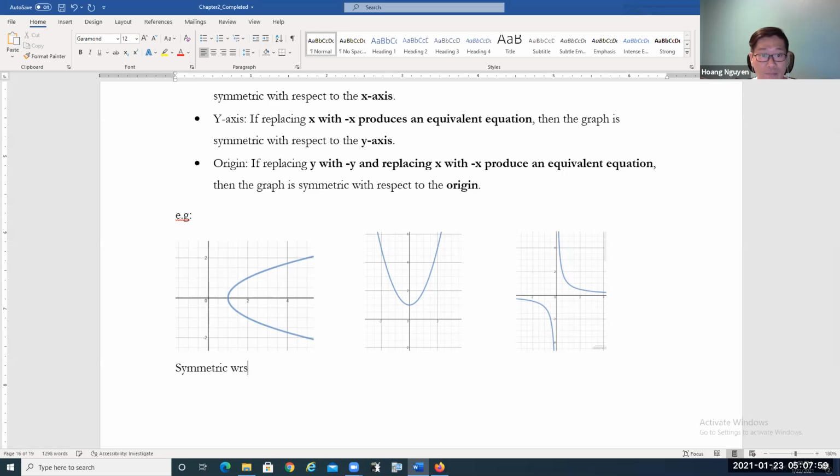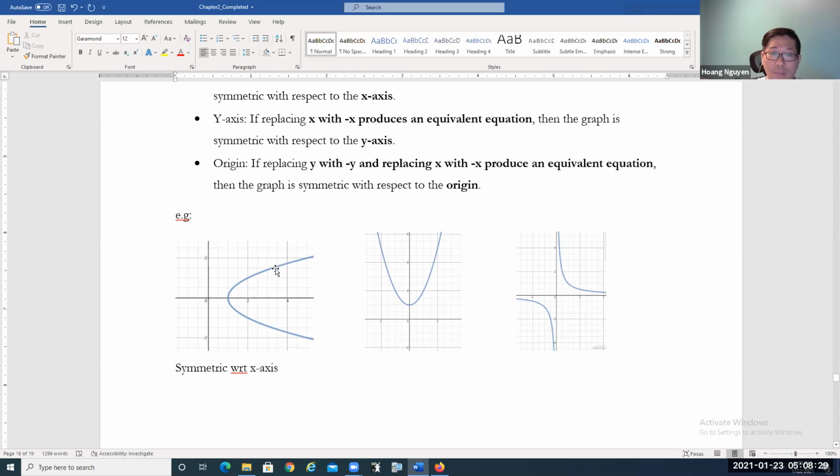You can see that it is symmetric with respect to the x-axis here: the top half of this graph is a mirror of the bottom half, and the bottom half is a mirror of the top half, vice versa.